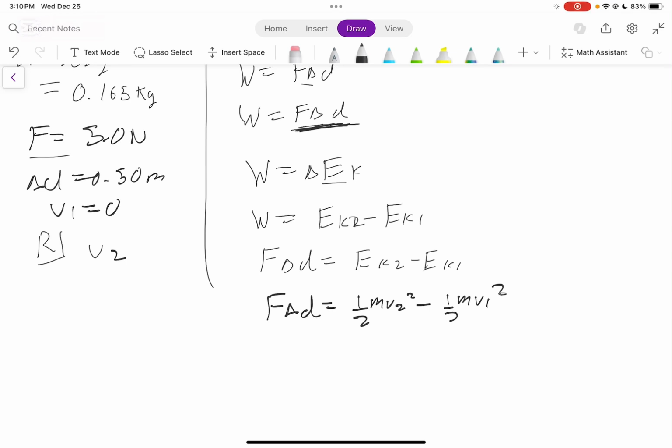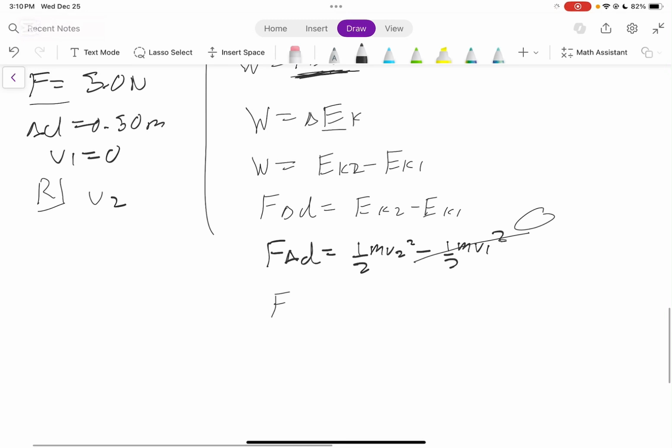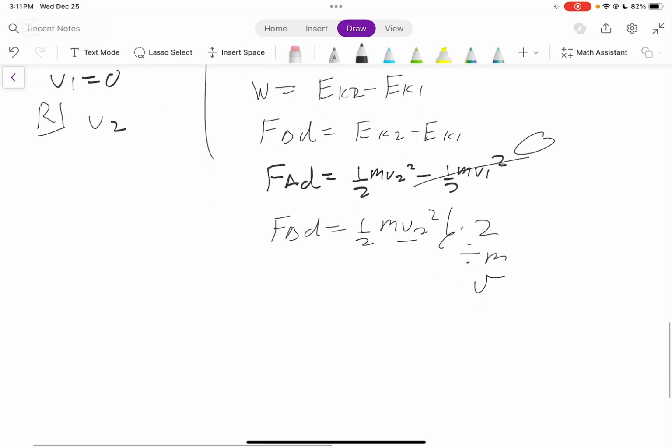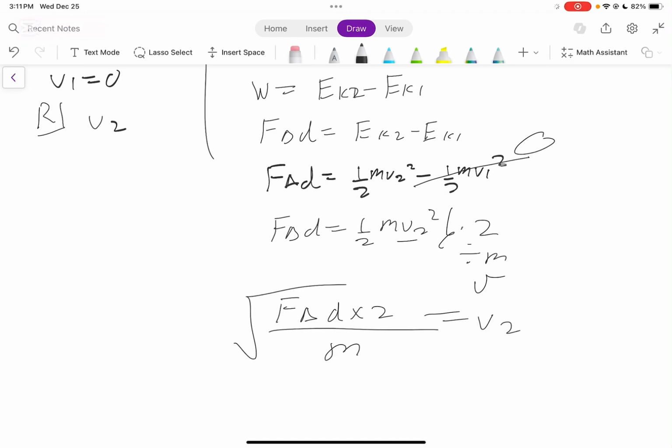Well, V1 is just 0, so that zeroes out. And we have force times delta D is equal to 1/2 mv2 squared. We're looking for V2, so we just have to rearrange: times by 2, divide by m, and square root. So force times delta D times 2, divide by m, take the root, is equal to V2.